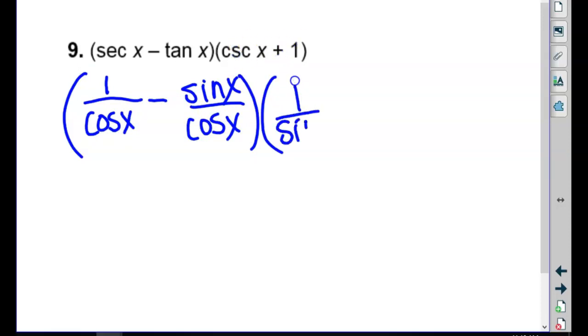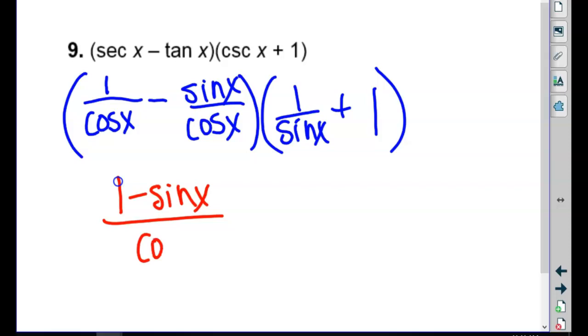Cosecant is 1 over sine, and then right now it just says plus 1. What can this first parenthesis become? 1 minus sine x all over a cosine of x times, what could we do back here?